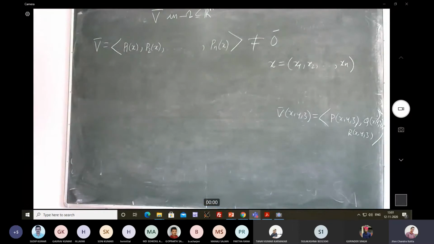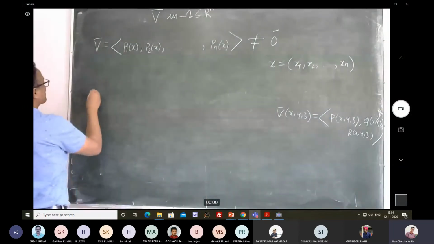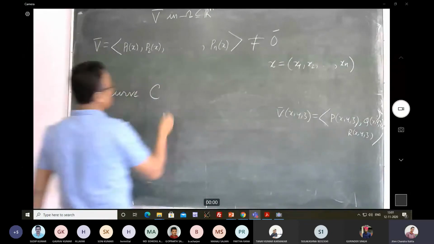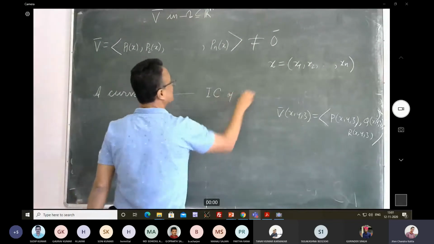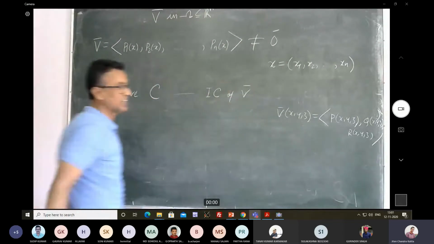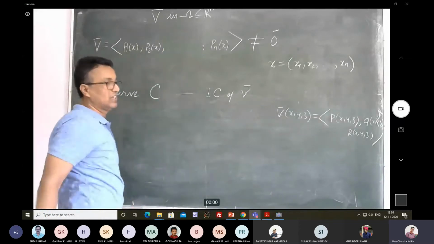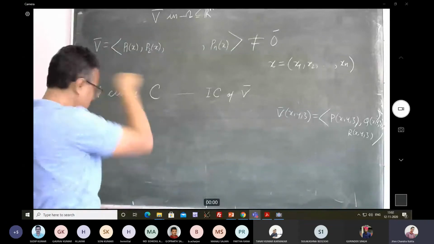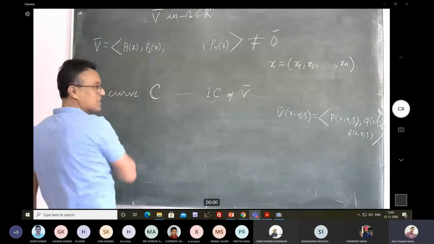So now, as before, a curve C is going to be an integral curve of V, right? If at each point on C, each point on the curve C, right?